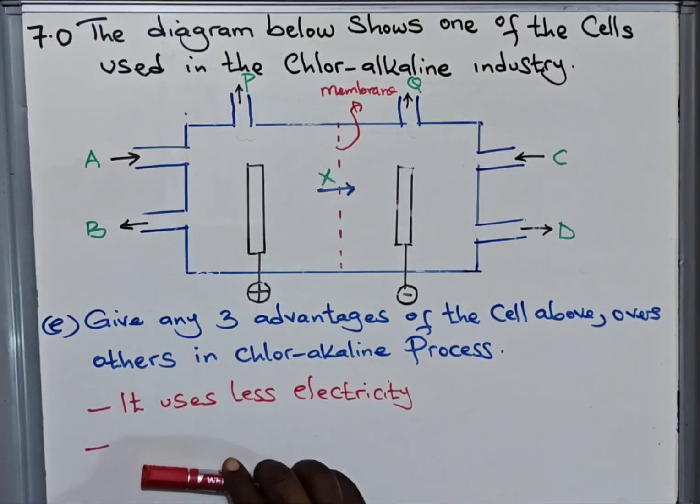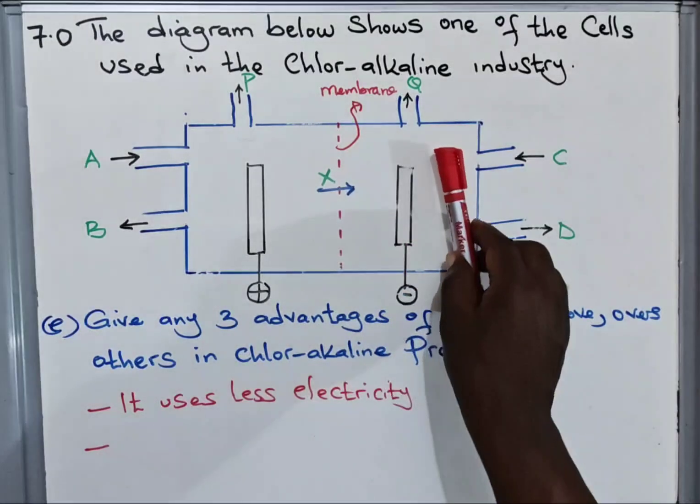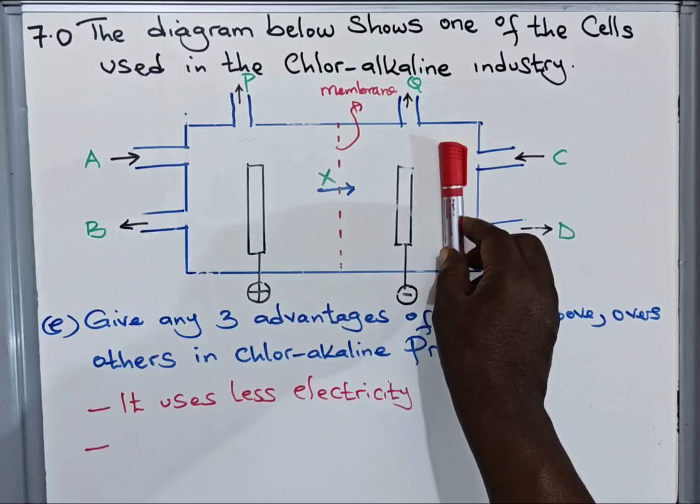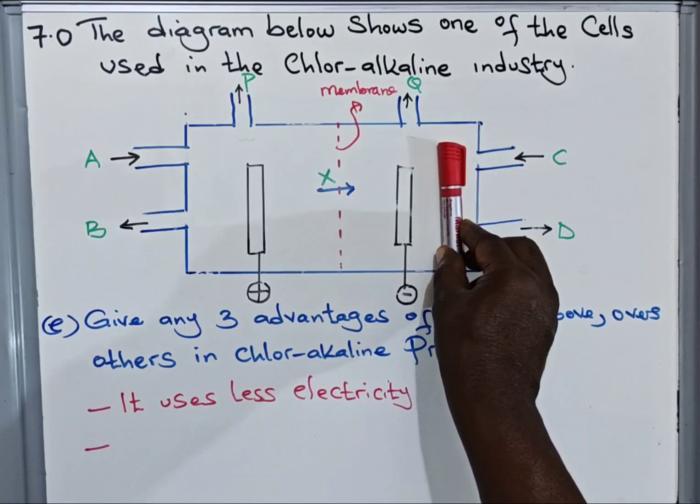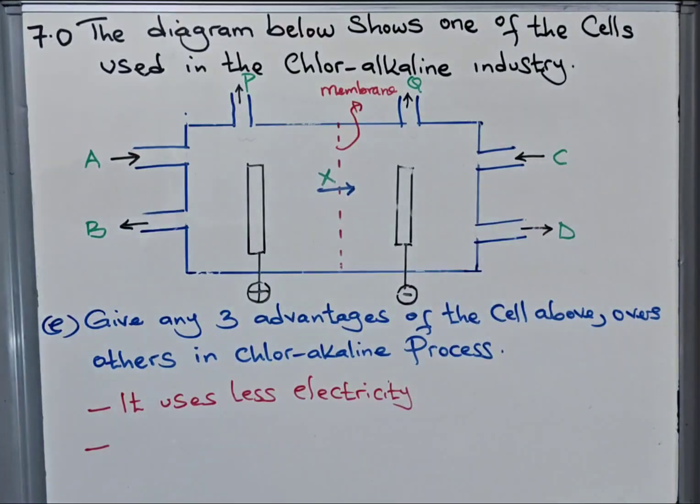The other advantage is that a membrane cell produces less toxic or poisonous material. We saw that membrane cell does not use mercury and does not use asbestos, which are implicated in health issues.